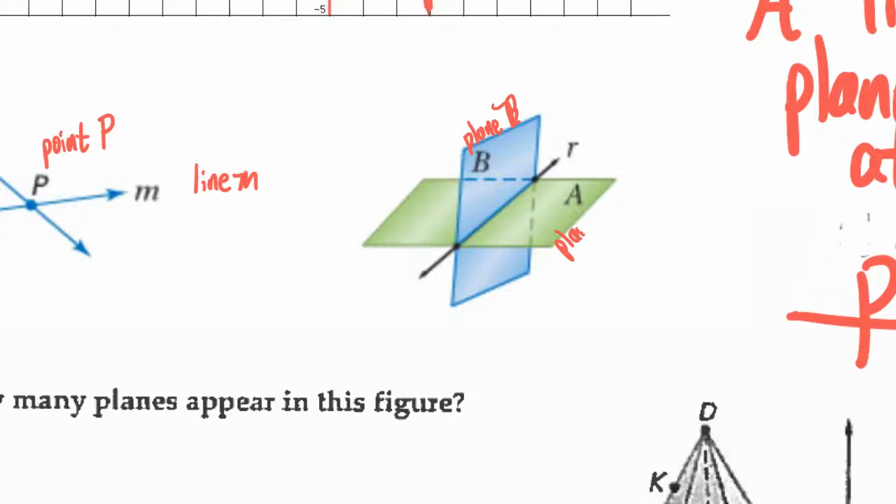It is plane A. So where plane A meets up with plane B, where do they meet up at? Line R. They meet up at line R.